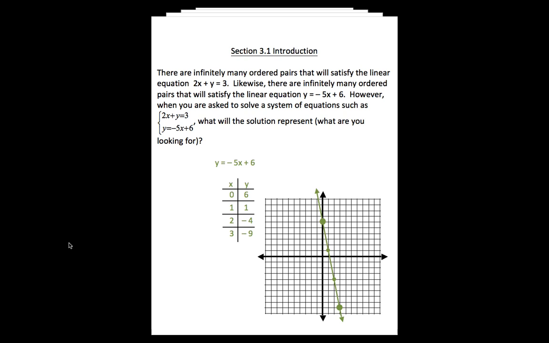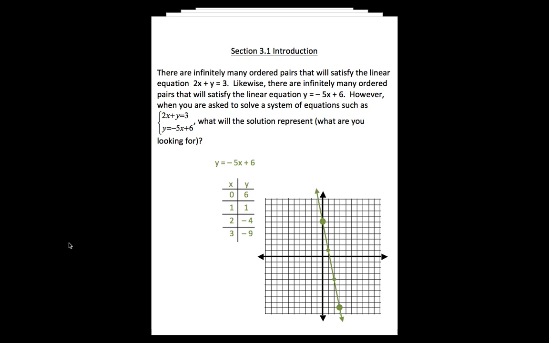And when we connect the dots to draw our line, we're going to draw arrows on both ends of the line to represent that the ordered pairs shown are not the only solutions of this linear equation. The solutions do indeed go on forever because there are infinitely many ordered pairs that will satisfy the linear equation y equals 5x plus 6.